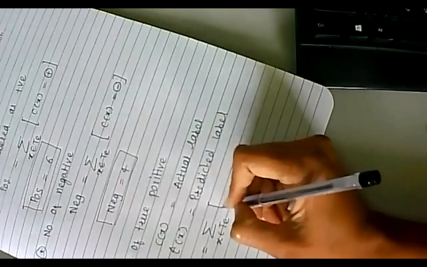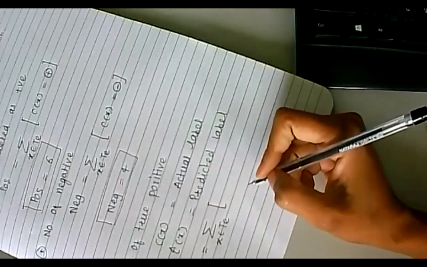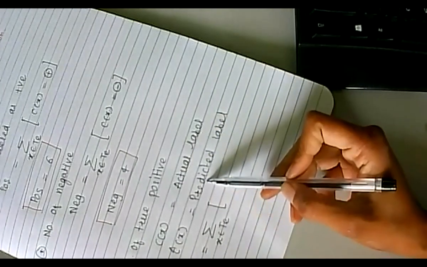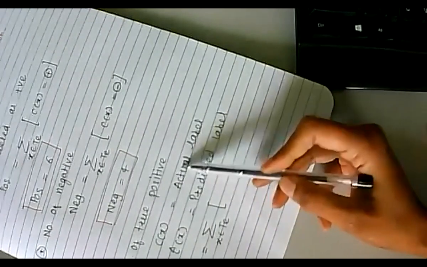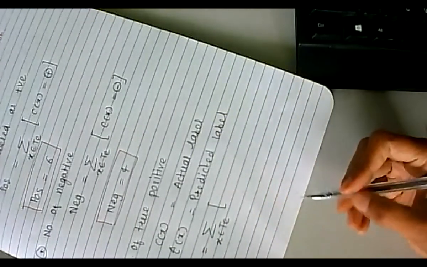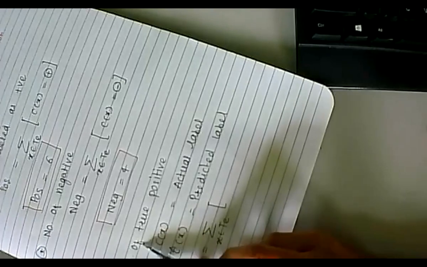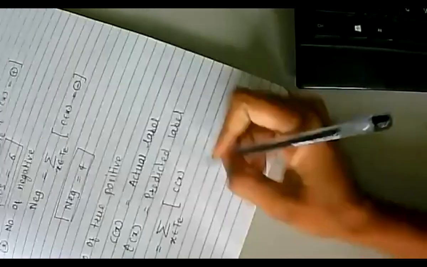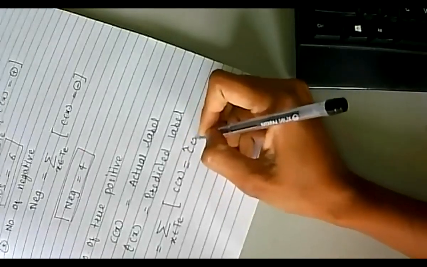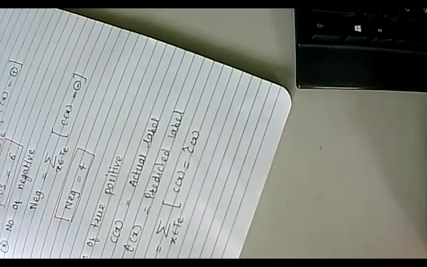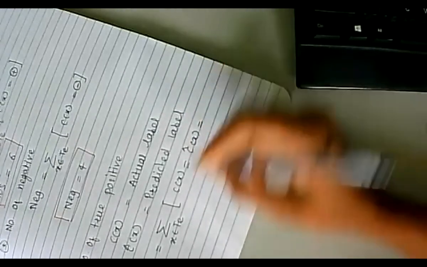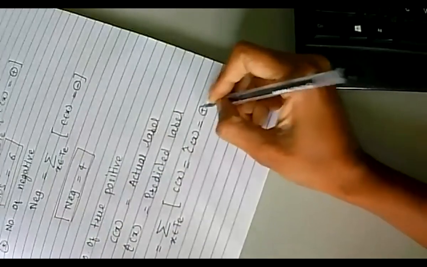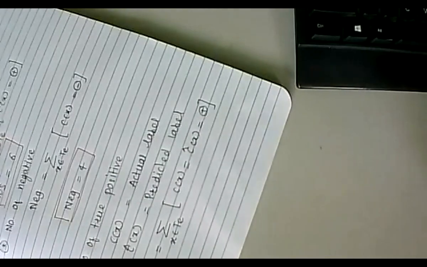We have to find the labels in which the actual label and predicted label are same and positive, because we are finding true positive. So the actual label C of x equals C cap of x, the predicted label, and both the labels are positive.